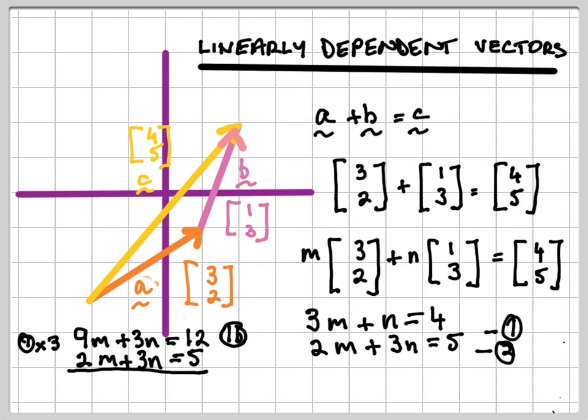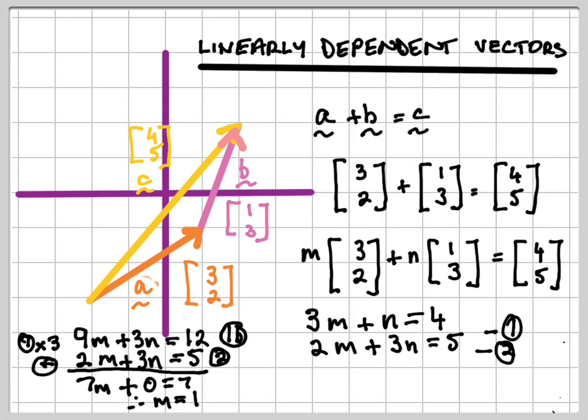So we can see that by subtracting equation 2 from 1b, 1b from 2 I should say, we get 9m take 2m is 7m plus 0 equals 7. So m equals 1. And by substituting m equals 1 into the equation of your choice, probably equation 1, you'll also find that n is equal to 1, which is not surprising.